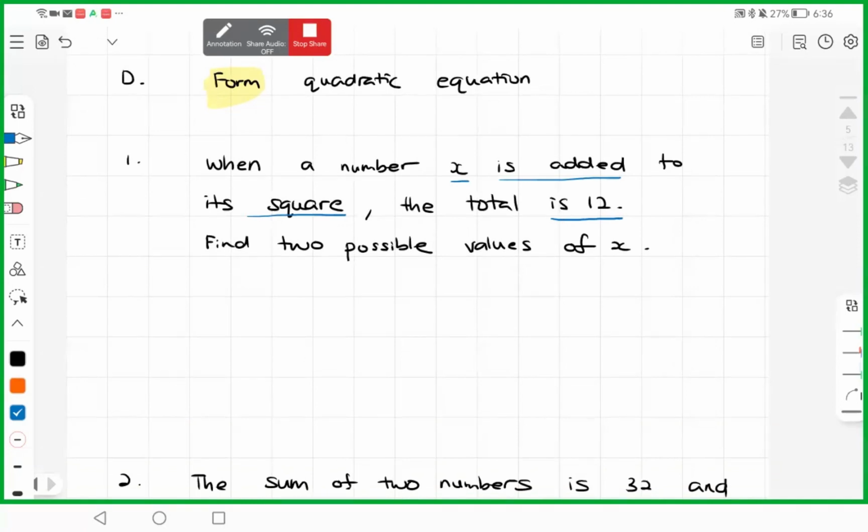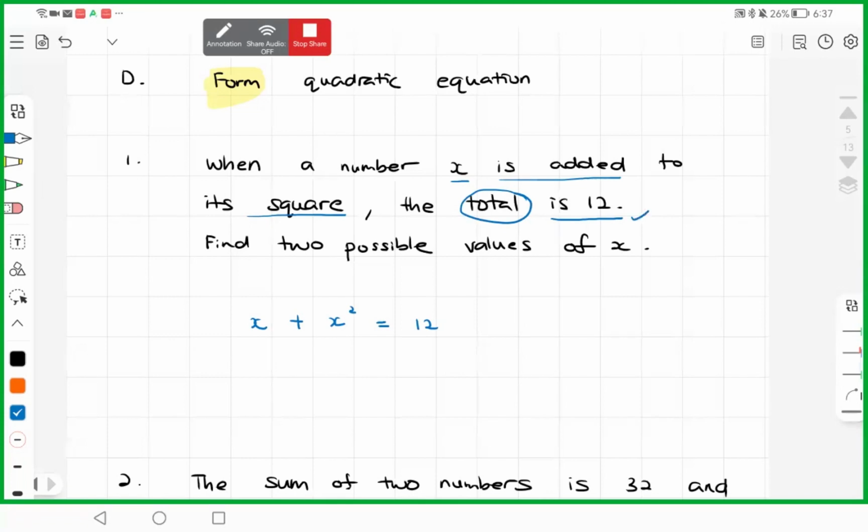We have a number x, and this number x is added to its square. Square means x squared. So x is added to its square, the total, if you sum up, equals 12. That's how we form the quadratic equation.